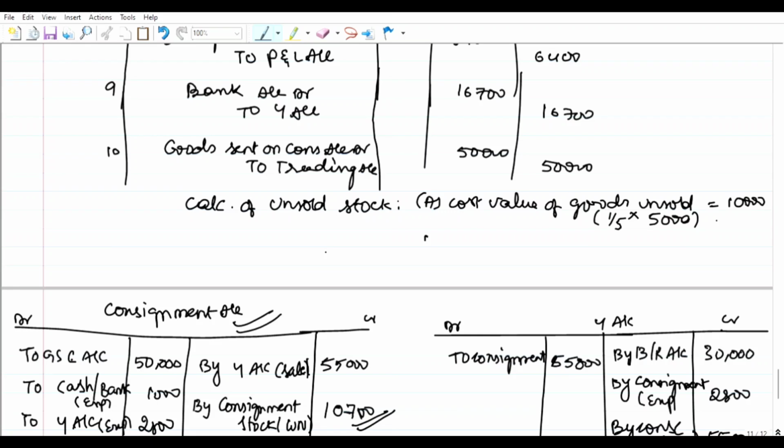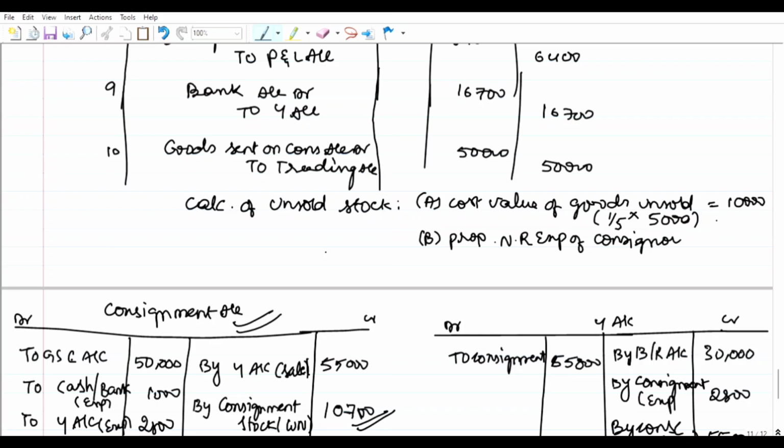Okay, 10,000 rupees. And next we have to take the proportionate non-recurring expenses of the consignor.